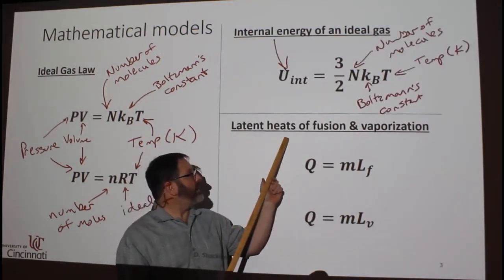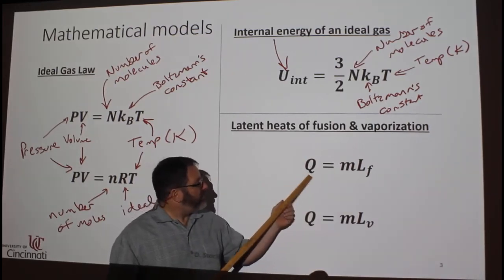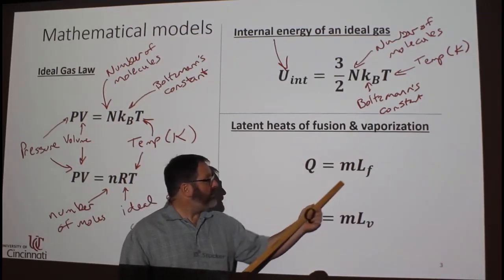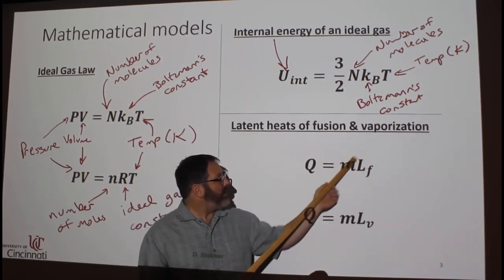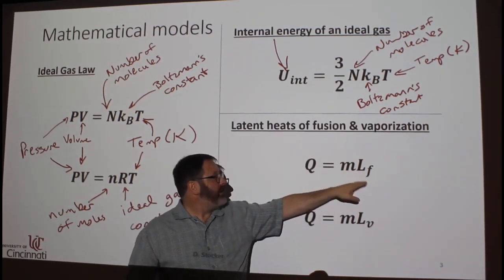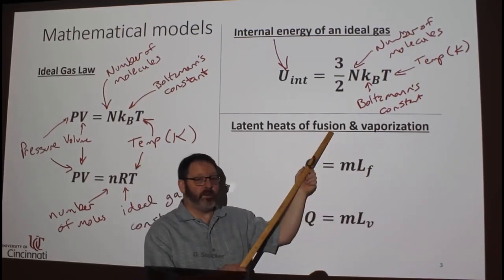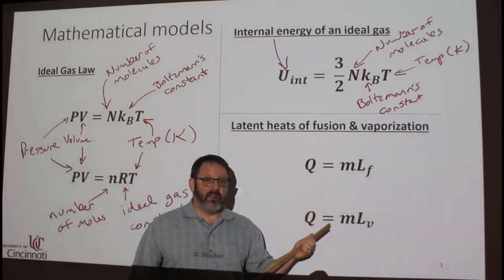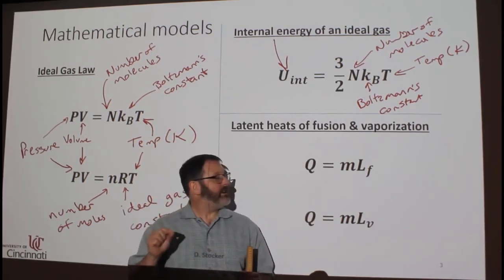And finally, we have the latent heats of fusion and vaporization. So Q here, this is a heat, is mass of whatever you're talking about, times L_F. This L, that's the latent heat of, the F means fusion. So fusion, that's the transition between liquid and solid, or solid and liquid.